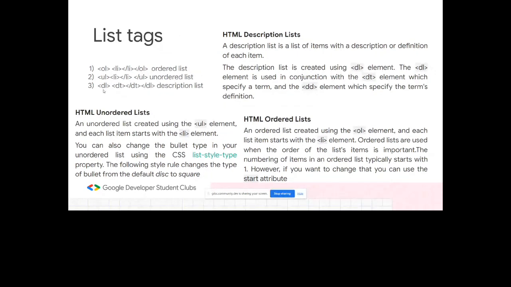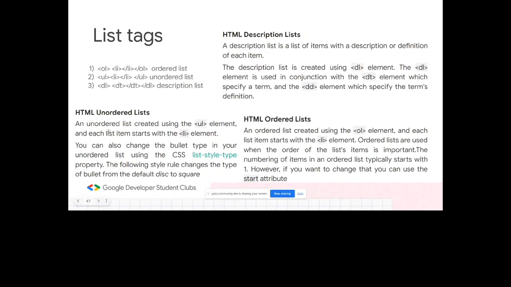DL is used to represent the description list, and DT is used to represent the term in the description list. We even have the DD element, which specifies the term's definition.